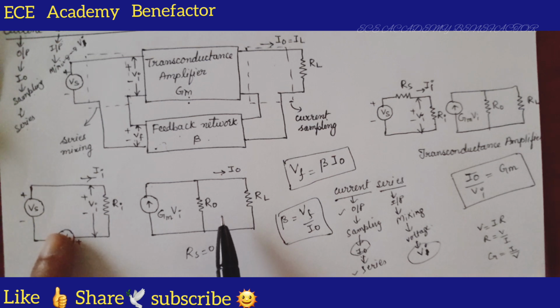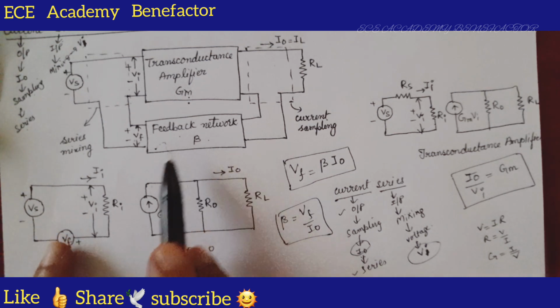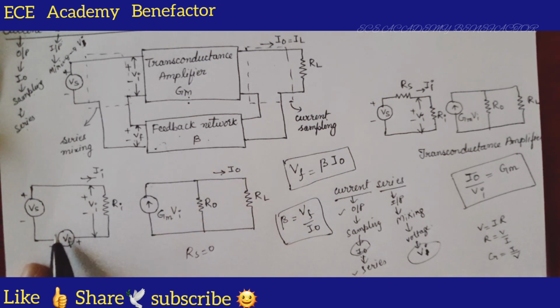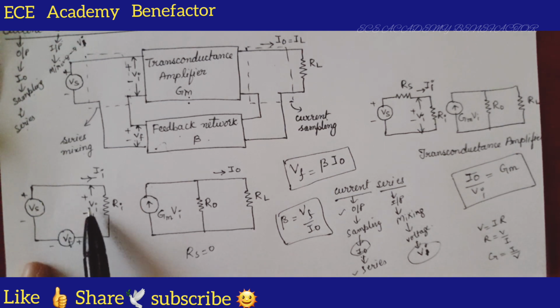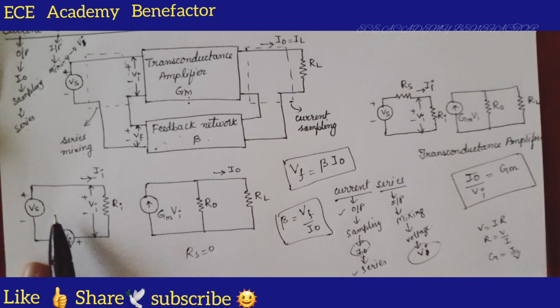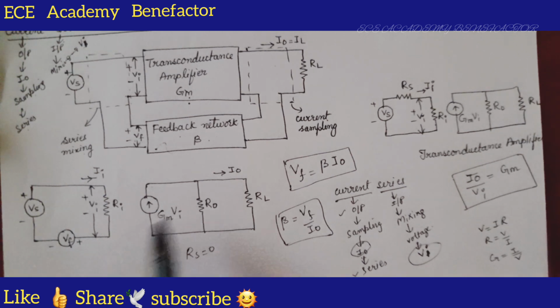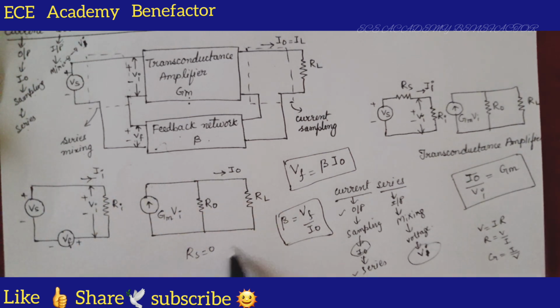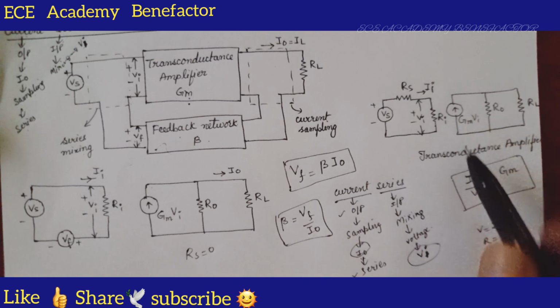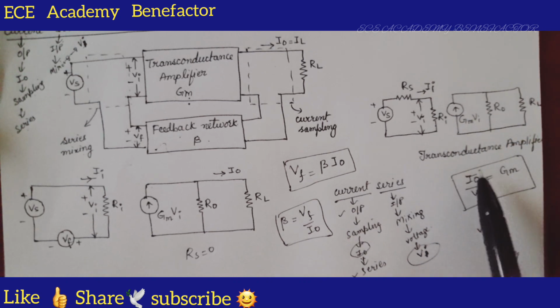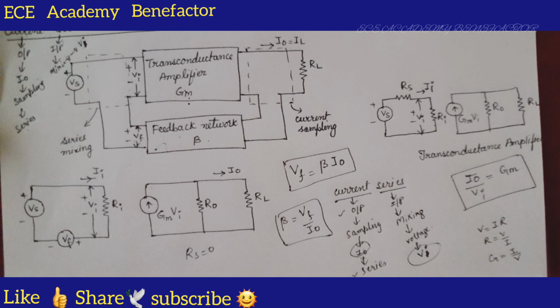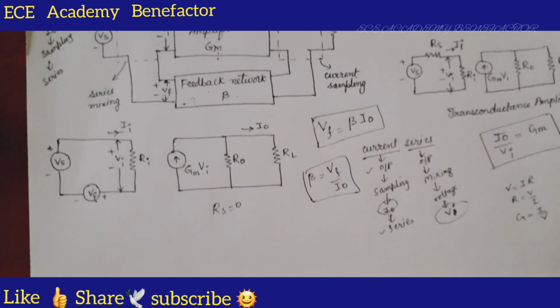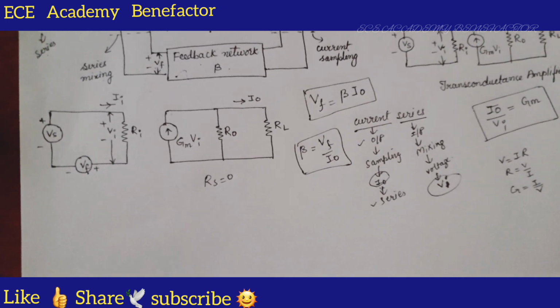To avoid this feedback network, we have drawn a feedback voltage. So we have three voltages, Vs, Vi and Vf. In this way, this is a current series feedback amplifier. The name of this diagram is transconductance amplifier. This is current series.